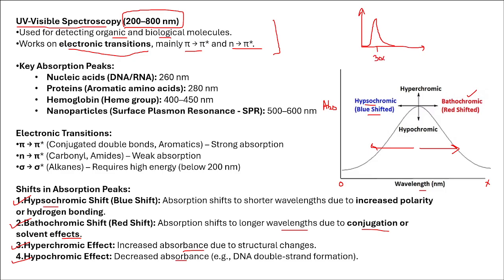Now, this is for the free drug. When you load this in nanoparticles, there would be some chemistry happening, some loading, capping, and different agents. Because of this, you would see some difference in the absorption peak of this molecule and the drug that has been encapsulated in this particular nanoparticle.